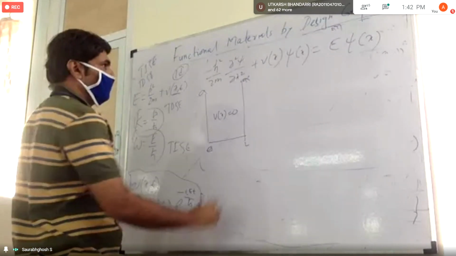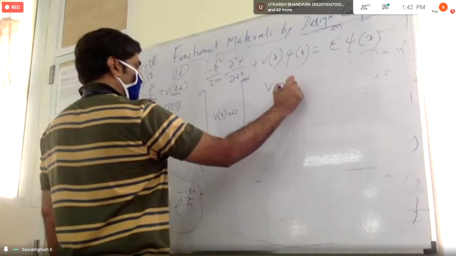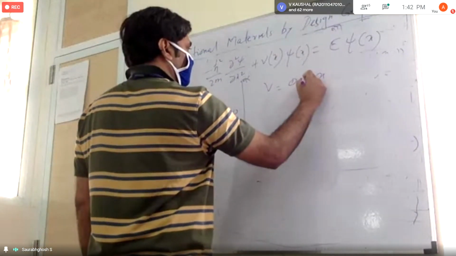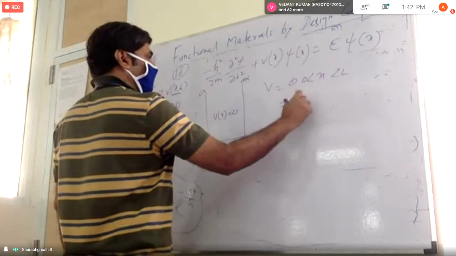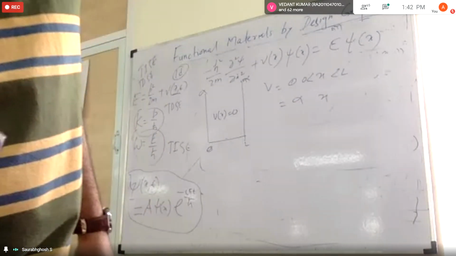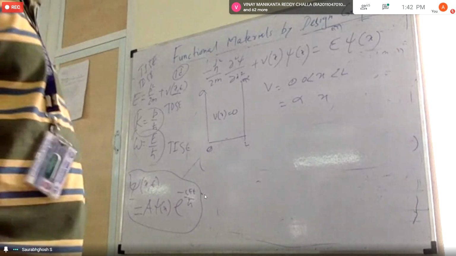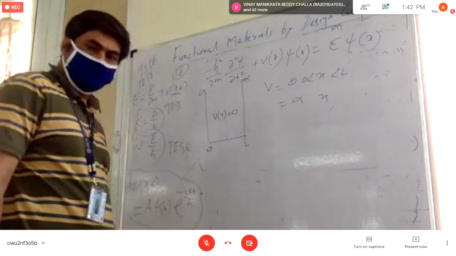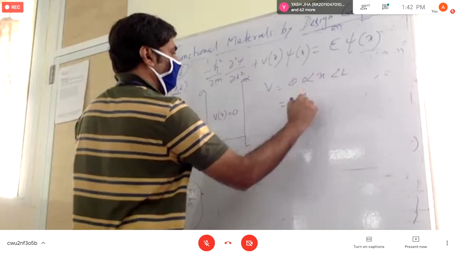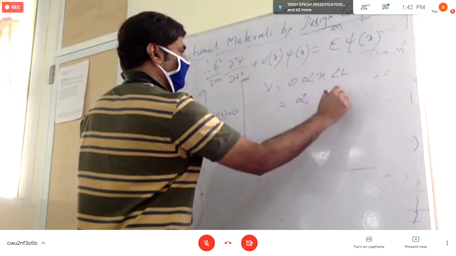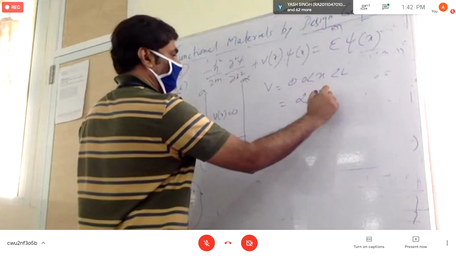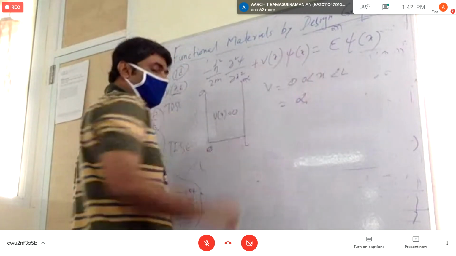So V equals 0 when x is between 0 and L, and infinity elsewhere.